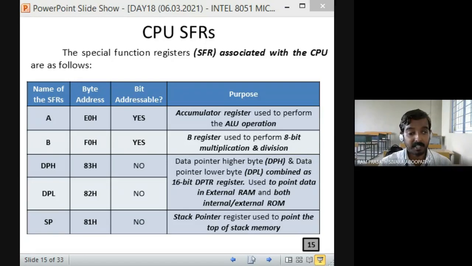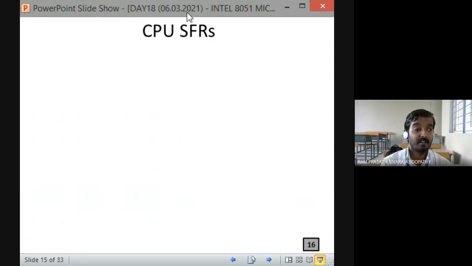I have typed it in the chat, kindly refer to it. Here, the A register's address is E0. Address ends with 0, so definitely it is bit addressable. B register, F0, it is bit addressable. There is some meaning behind that.